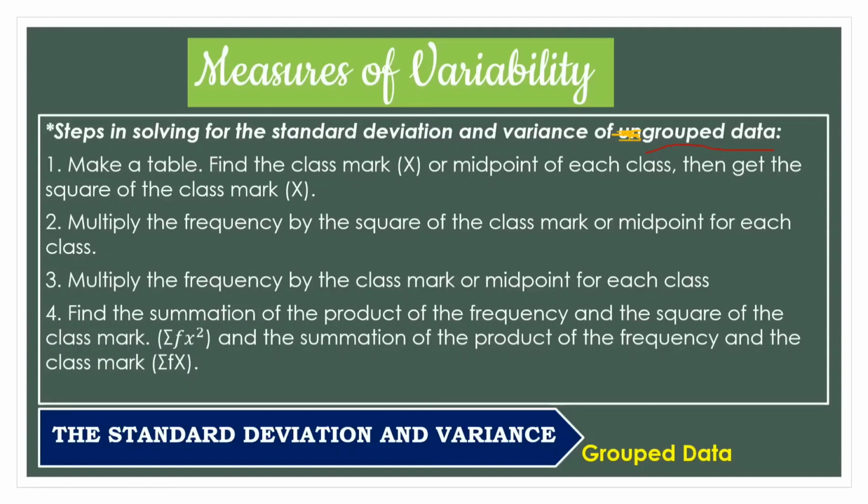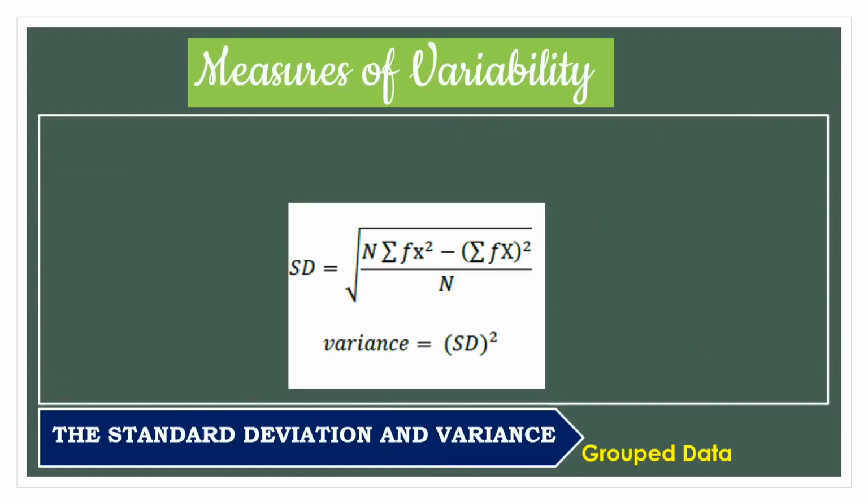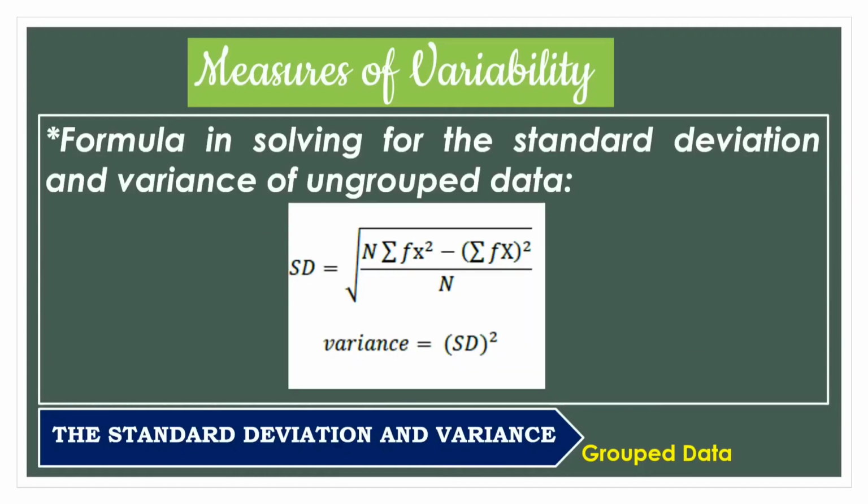And then step 4, find the summation of the product of the frequency and the square of the class mark, so the sum of f times x squared. Here is the symbol. And here is the symbol for the other one. And of course, for the fifth step, we solve for the standard deviation using this formula.